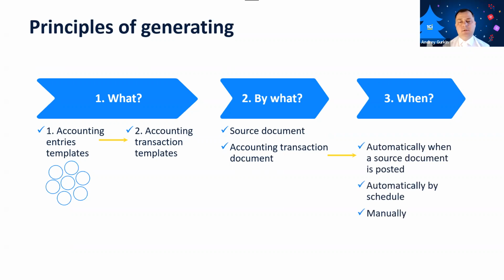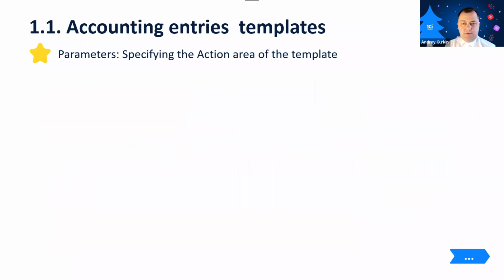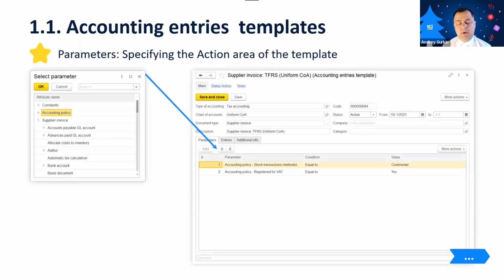And for the second option, we have another 3 options. We can do it manually, but maybe it's not our cup of tea. We can do it automatically when a source document is posted, and automatically by schedule. Any schedule we can specify in our settings.